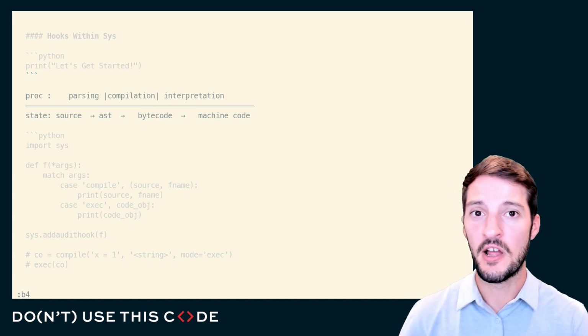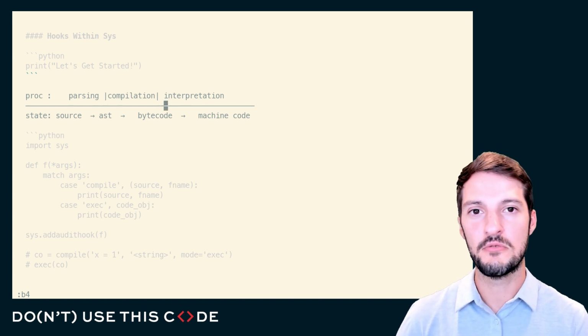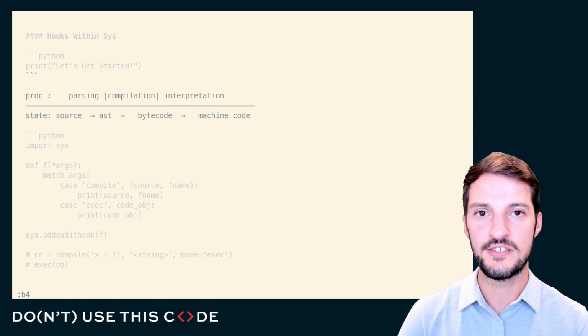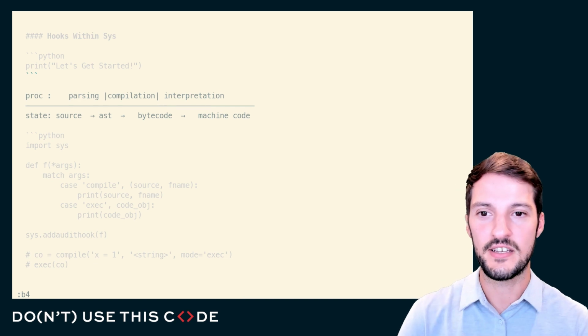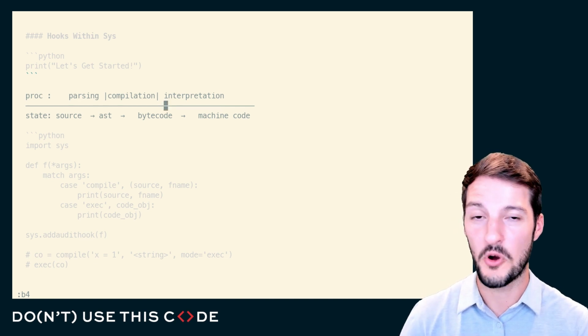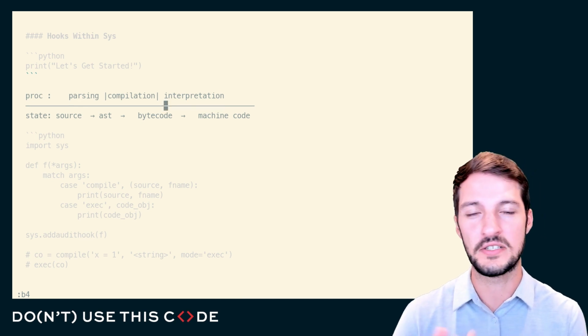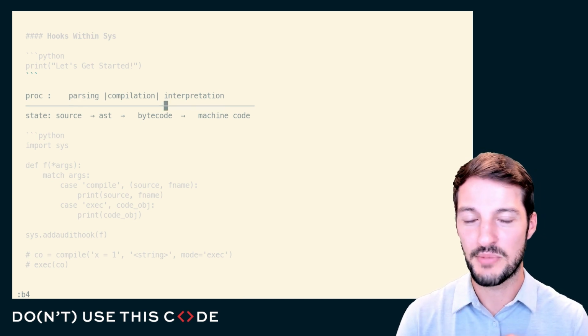And for those who are unfamiliar with how Python runs things, it starts with human readable source code, translates that into an abstract syntax tree, and then compiles that into bytecode. The bytecode is what you'll see if you ever open up one of those .pyc files that are generated when you do things like imports. That's your bytecode.